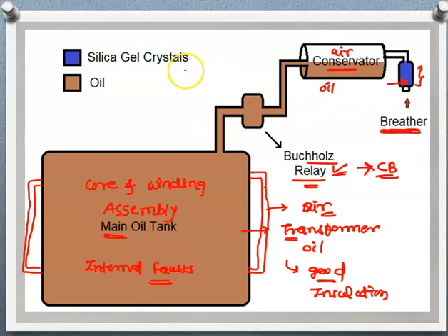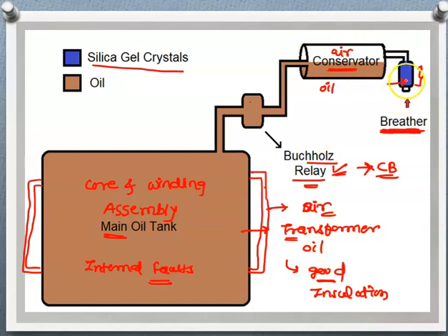This breather consists of silica gel crystals. This blue one is called silica gel crystals, which is used to take moisture from the surrounding air. When the air is sucked into the conservator, the moisture contained in the air may damage and deteriorate the insulating property of the transformer oil, which we do not want.